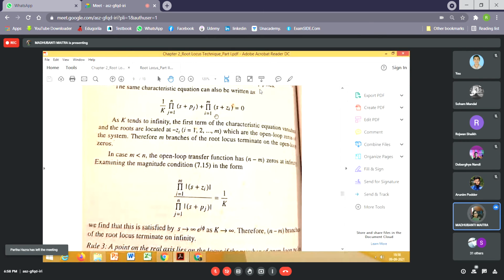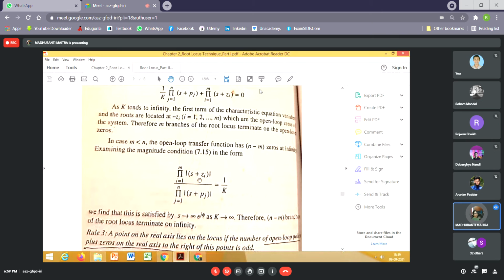Now for this equation, just think of the magnitude criterion. This is the magnitude criterion. Can you recall this? Yes, ma'am. Okay, now you can do it. Just do it, otherwise you'll get confused. Now just consider the left hand side of this equation.